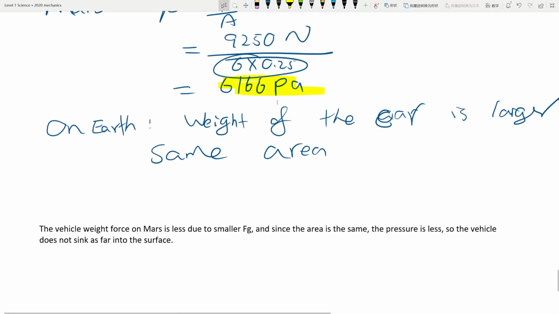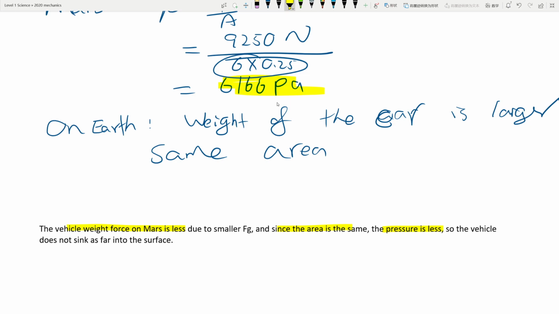It's those same 6 wheels. So if you have a larger force distributed over the same area, then that will end up in more pressure. If you have less weight force, and the area is the same, the pressure is less.